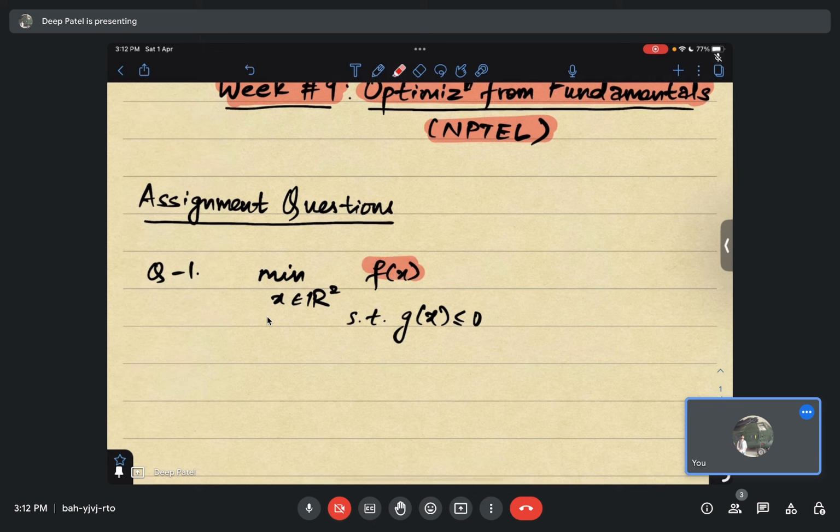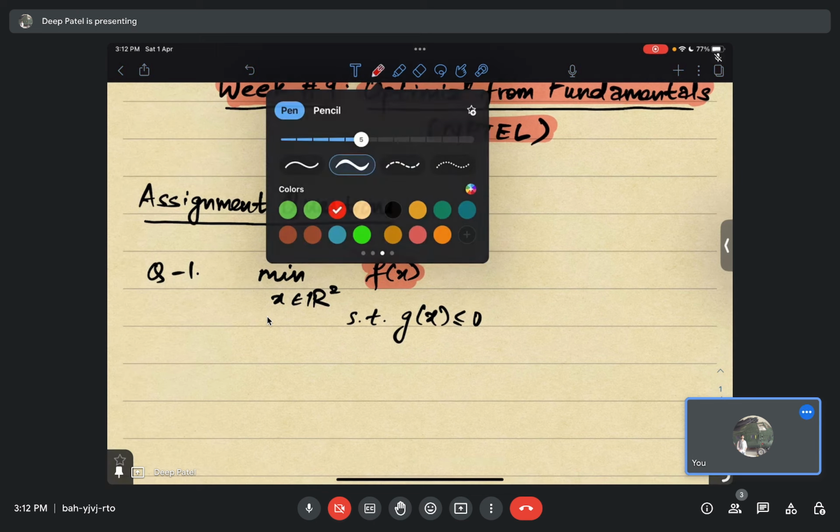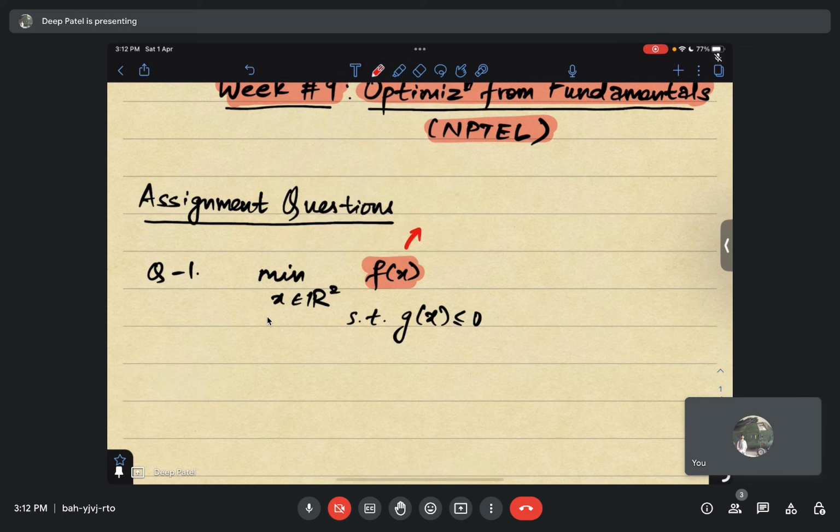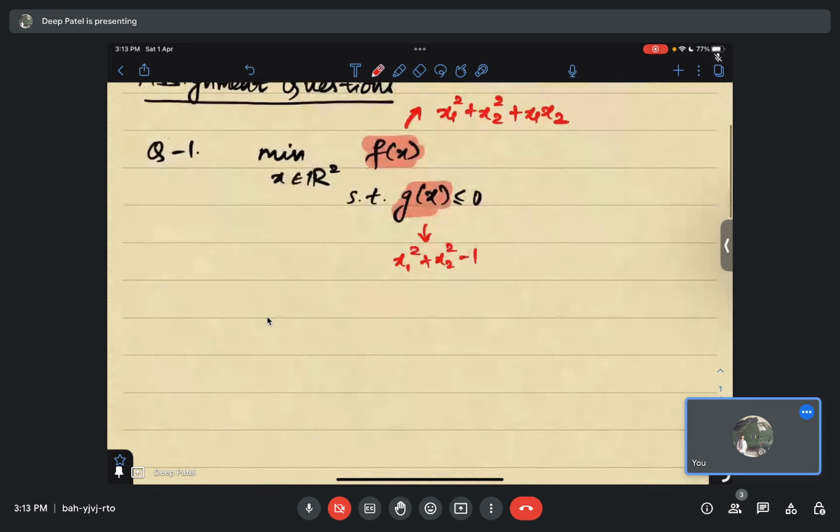So our f of x, the objective, is a quadratic function, x1 square plus x2 square plus x1 x2, and g of x is x1 square plus x2 square minus 1. So basically you're looking at a disk, unit radius disk, including the interior.